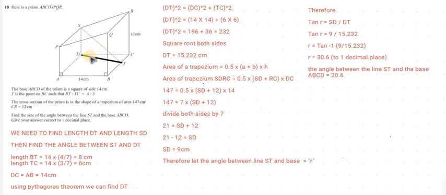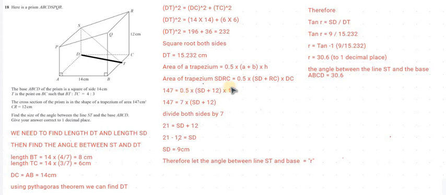Okay, and the area of a trapezium is half A plus B. That's the top length plus the bottom length, so SD plus RC times the perpendicular height, which is DC. So we've written a formula there, and that should be equal to 147.